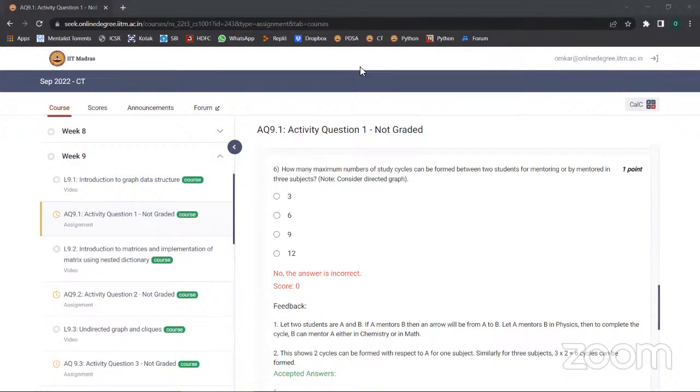So the multiplication is 3 into 2. For the last cycle, we are left with only one option. It does not matter which subject who teaches whom. So the answer is 6.